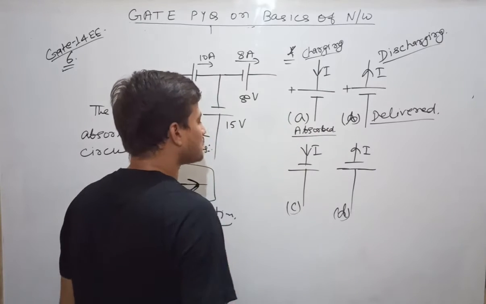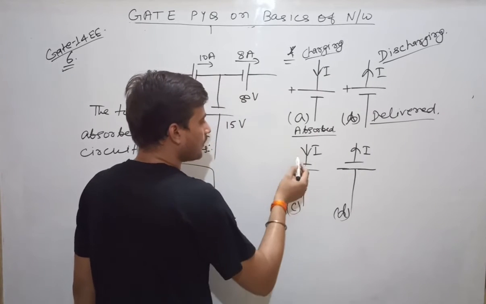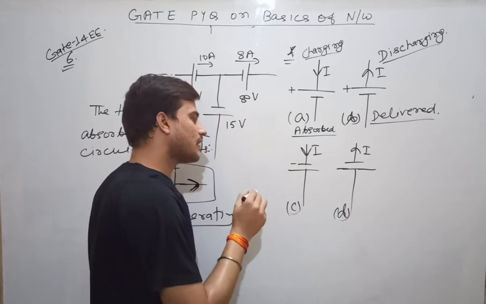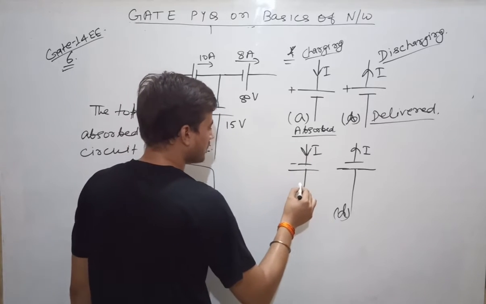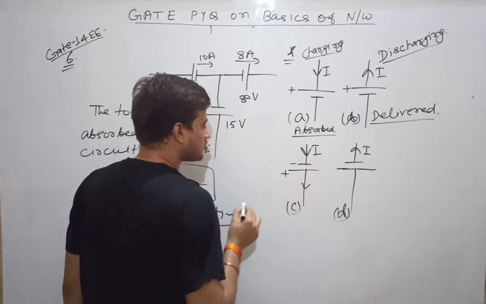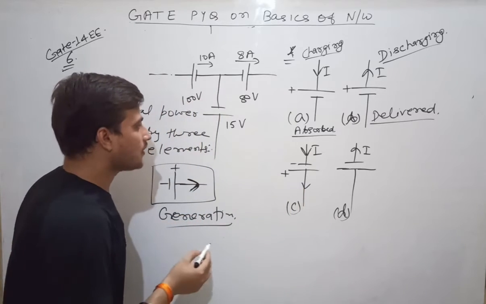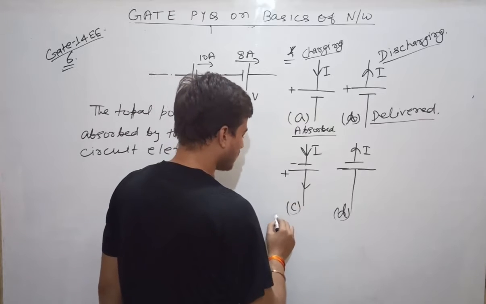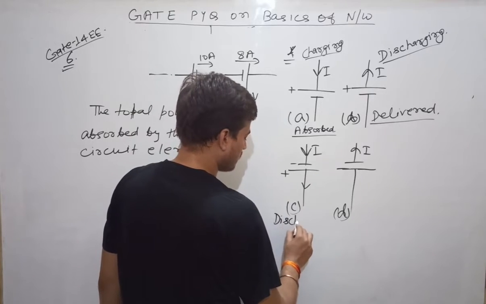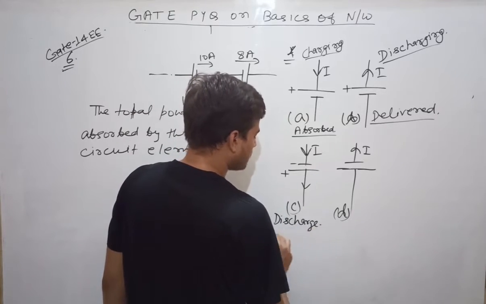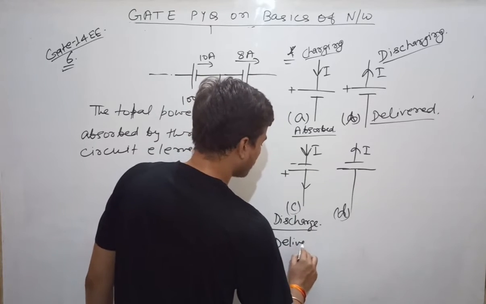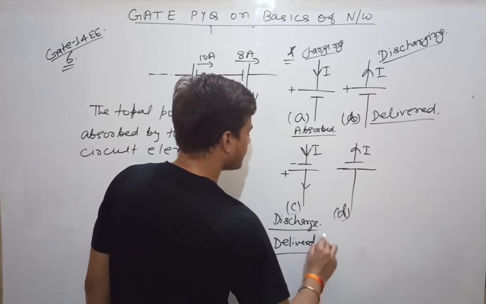Come to this point. Here what do you see? Current is entering the negative terminal, and it means current is leaving the positive terminal. So when current is leaving the positive terminal, that means the battery is being discharged, and power is being delivered by the battery.